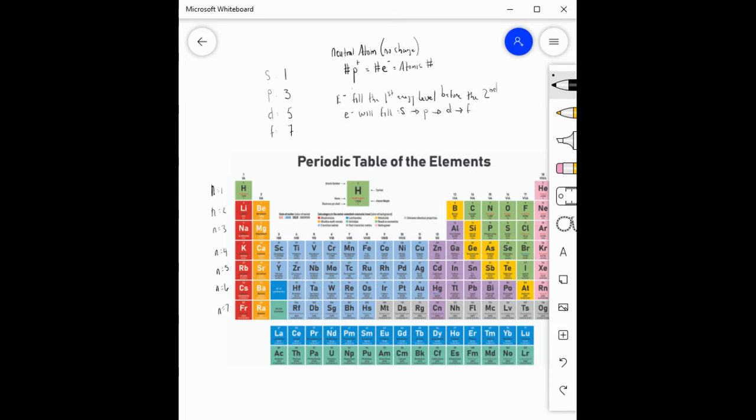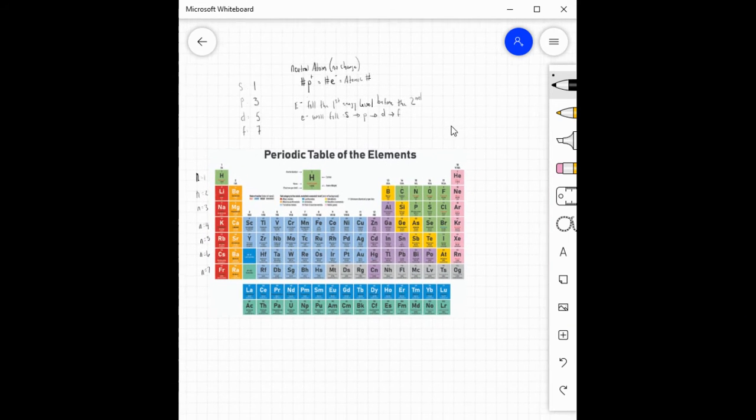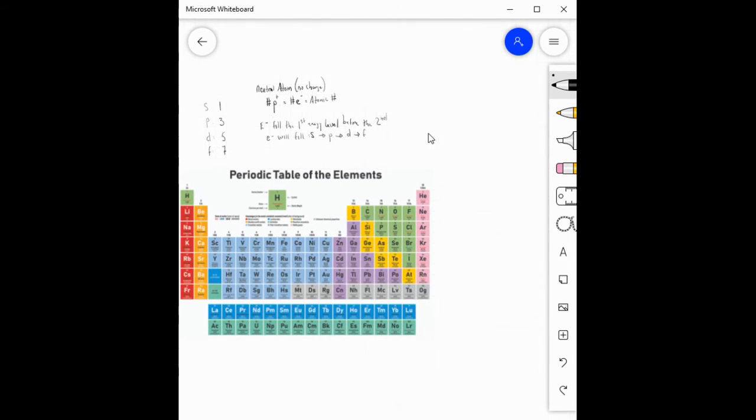All right. Remember, each orbital has 2 electrons. So I'm going to zoom out just a bit, and let's look at how these are written. The electron configuration, or the electron config, has basically 3 parts.